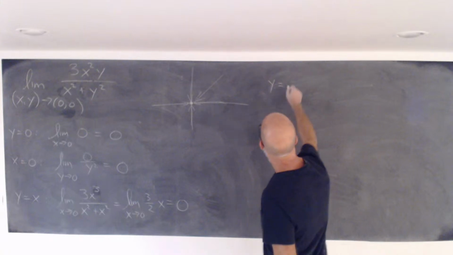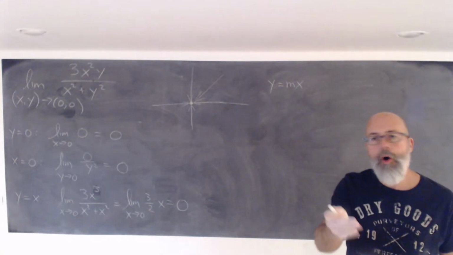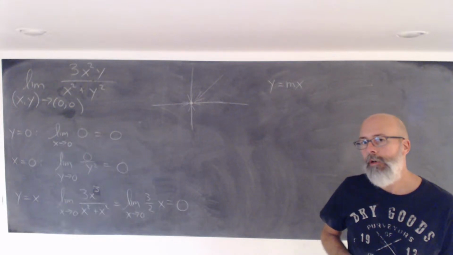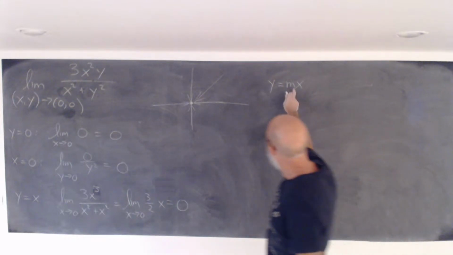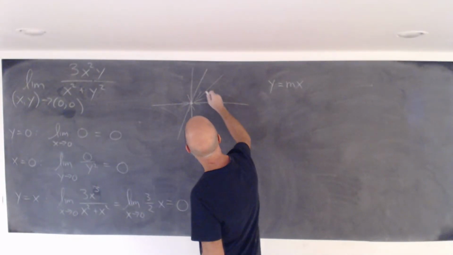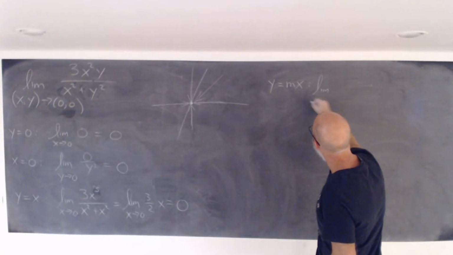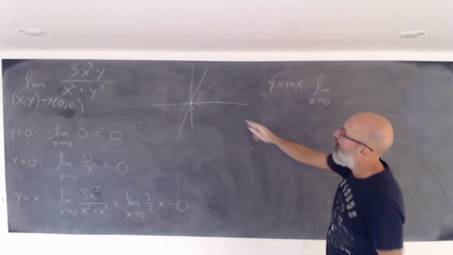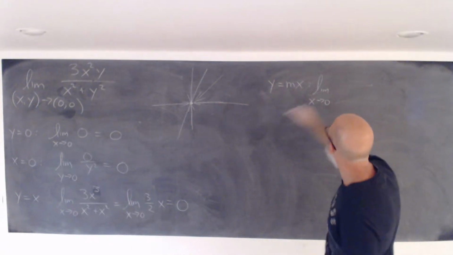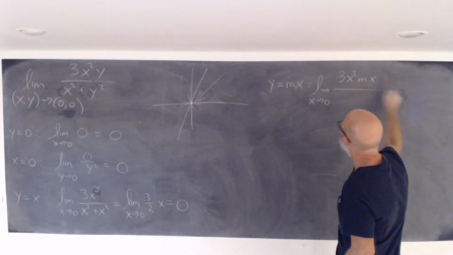What if we looked at all the lines through the origin? All the lines through the origin have the form y equals mx, where m can be anything here. Why don't we try that, see what happens. If y is mx, this is 3x squared mx.